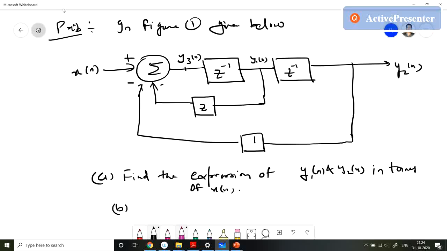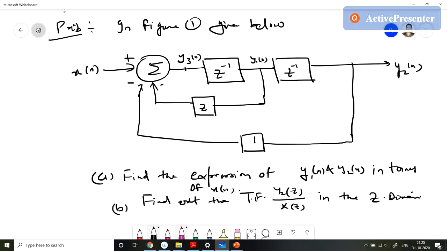Second, find the transfer function Y(z) divided by X(z) in the z domain. So we need to find the transfer function of this system, that is Y(z) divided by X(z) in the z domain.